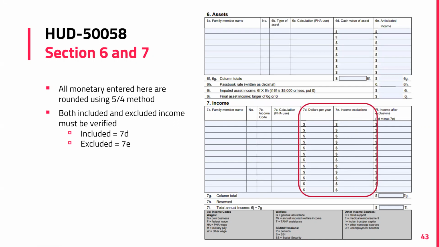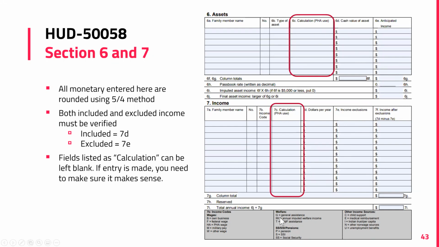We don't verify that when we're dealing with the regular Section 8, the RD, or the tax credit world. If they said they have food stamps, we go, oh, okay, thank you, we don't care about that. For the 50058 world, we do need to verify all the excluded income, and they need to be listed in section 7 right here under 7E.